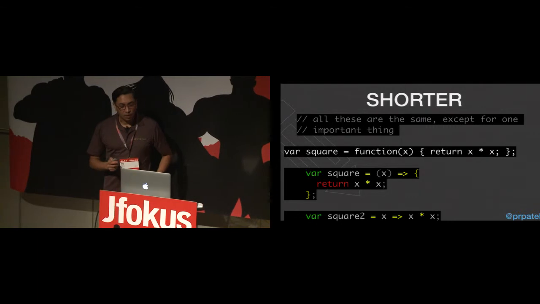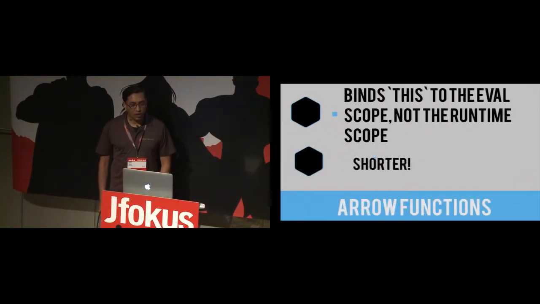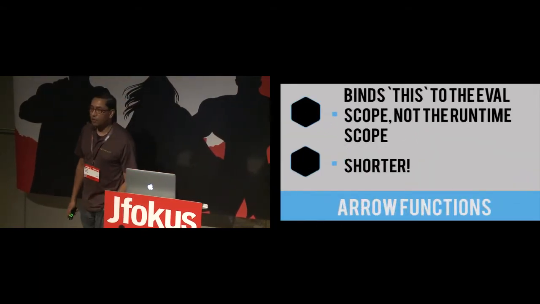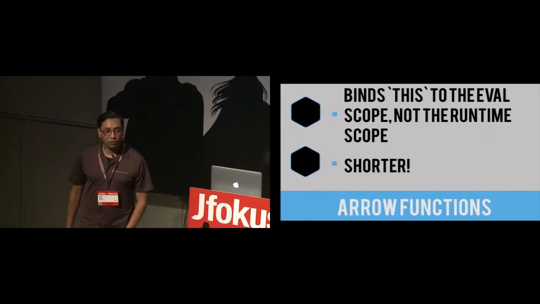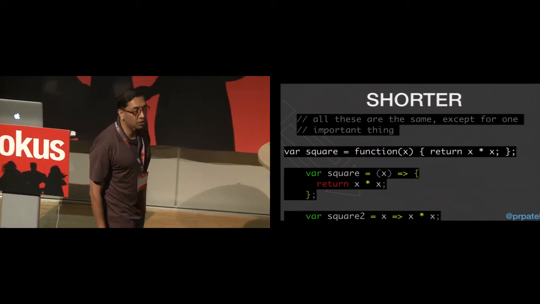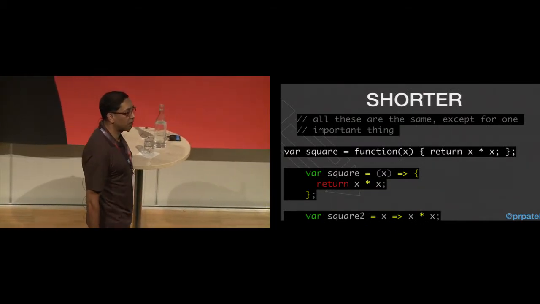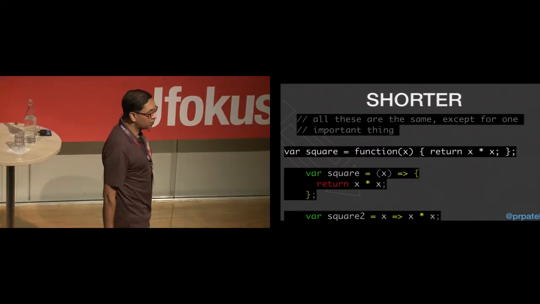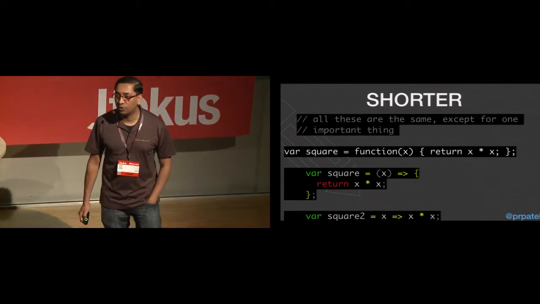All right. So let's get into this a little bit more. There is one key difference between arrow functions and a standard function declaration when you use the function keyword, i.e. the first declaration on this slide. There's a big difference between the first and the second two.